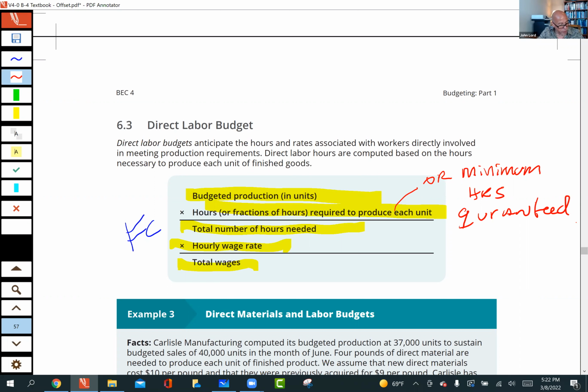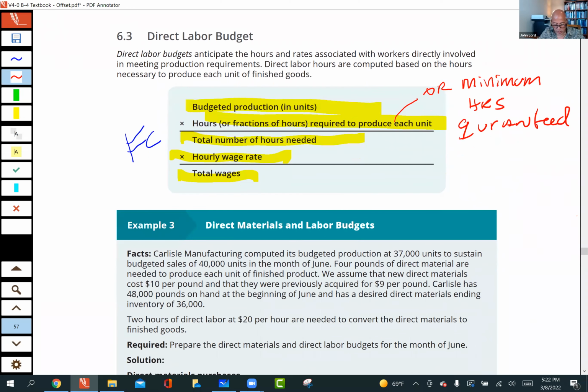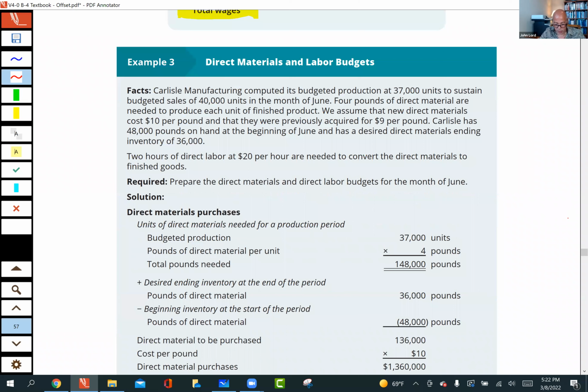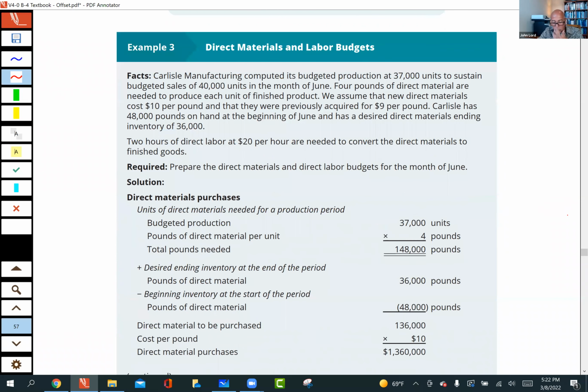Okay. All right, good. So let's just go ahead and take a look at this. And again, guys, these are pretty much reading comprehension things, but we can read through these. Carlisle Manufacturing computed its budgeted production at 37,000 units to sustain budgeted sales of 40,000 units for the month of June. So they figured that they had to produce 37,000 units, right? 4 pounds of direct materials are needed to produce each unit of finished product.